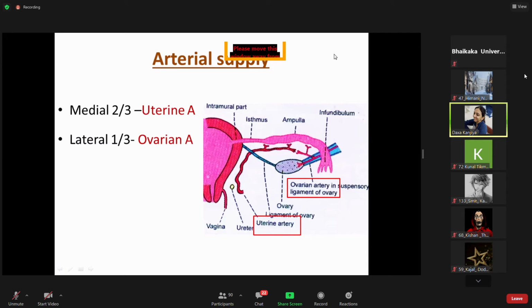So this ovarian artery comes from? Nobody knows. The gonadal vessels or gonadal arteries, either testicular artery or ovarian artery. It's a branch of which artery? Anybody?